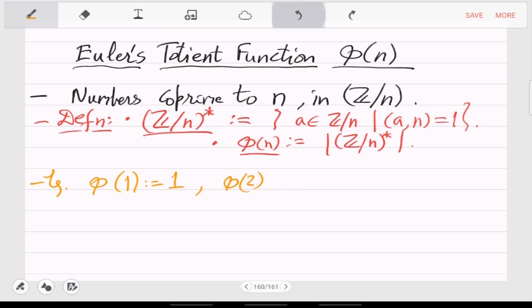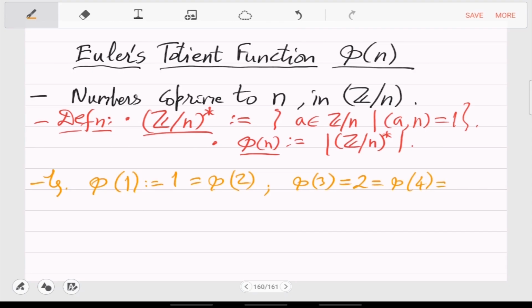So phi of 1 and phi of 2, they are equal. What is phi of 3? Yeah, phi of 3 is 2. What is phi of 4? Phi of 4 is also 2 because there is only 1 and 3.